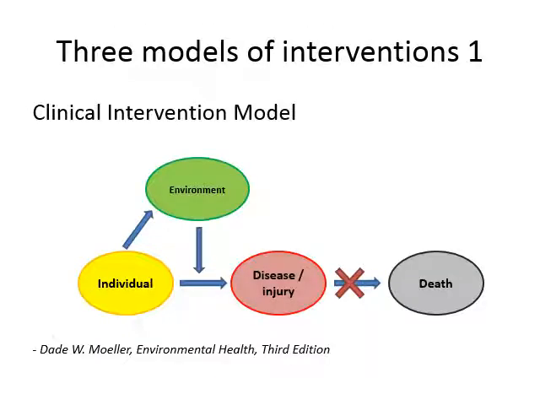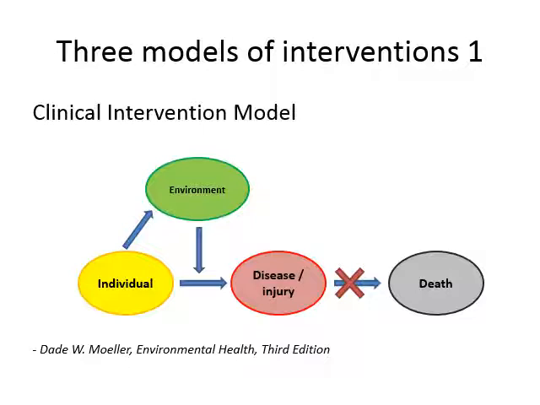The interventions deployed in handling the environmental health issue can be generally classified into 3 different models. The first model is called the Clinical Intervention Model. The figure shown in this slide explains the interaction between the human, environment, and the occurrence of diseases. Humans in the environment unavoidably will affect the natural order of the environment.